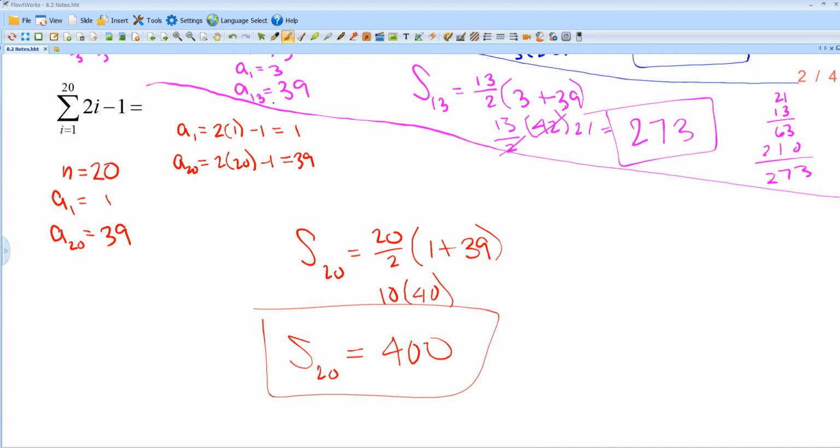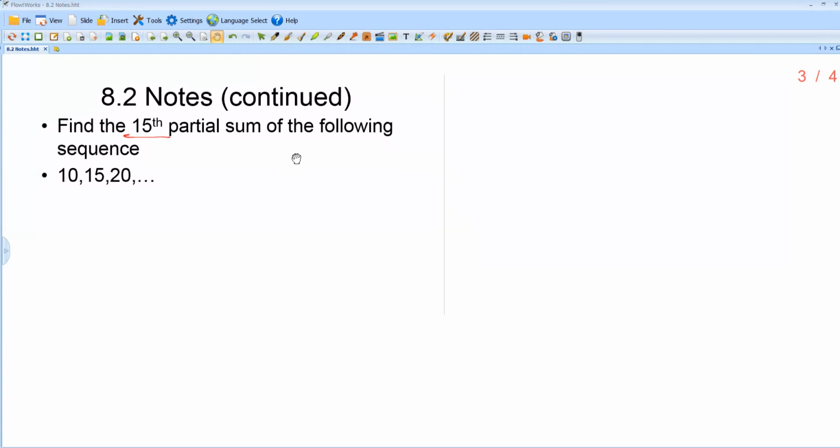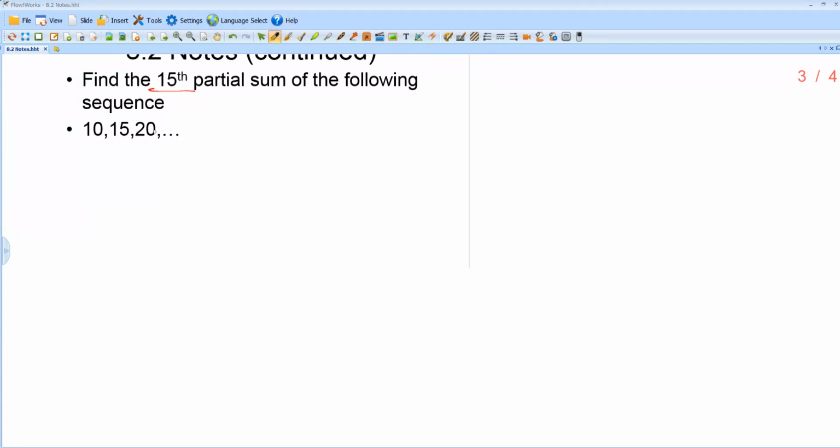All right, great. Next 2 slides, last 2 slides that we're going to be doing. Find the 15th partial sum of the following sequence. So notice this sequence is an infinite sequence, but I'm only looking for the sum of the first 15 terms. So that tells me right away, n is going to be 15 here, looking for 15 terms.